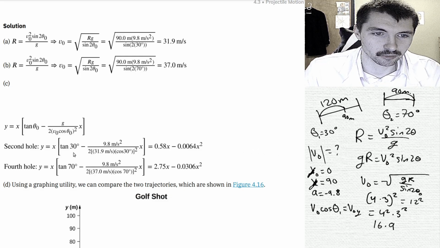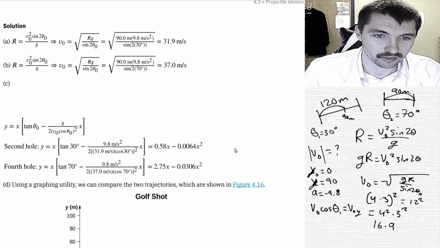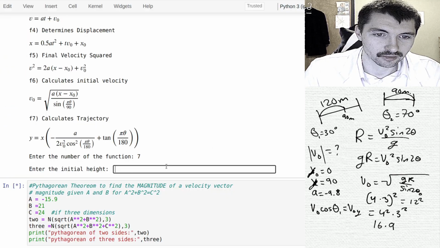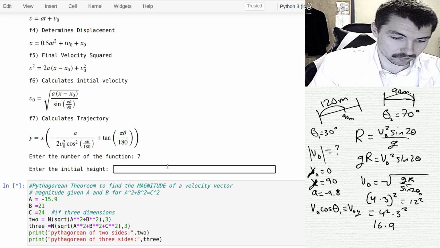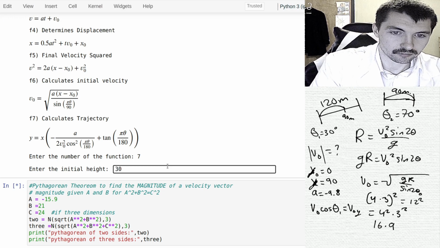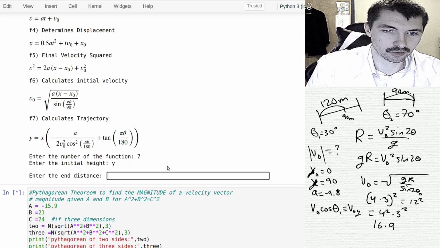Okay, so we're solving for y. 39.8. Solving for y.